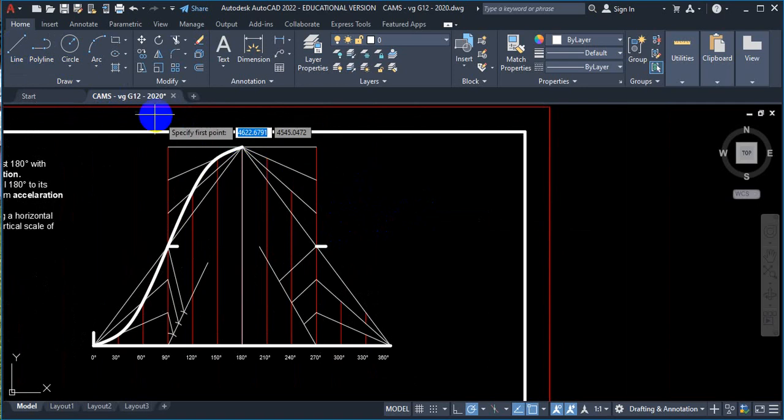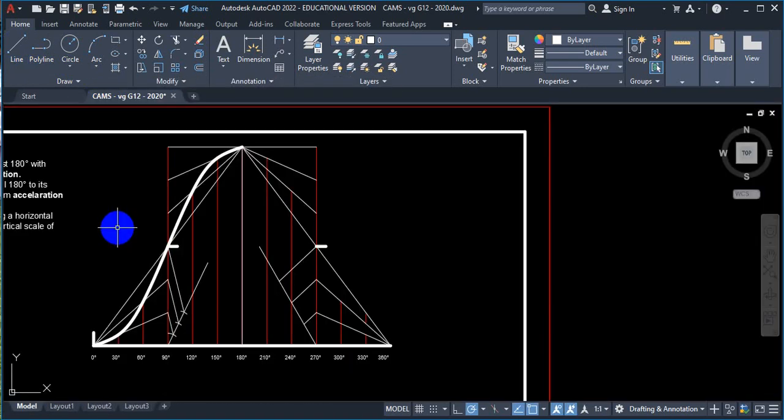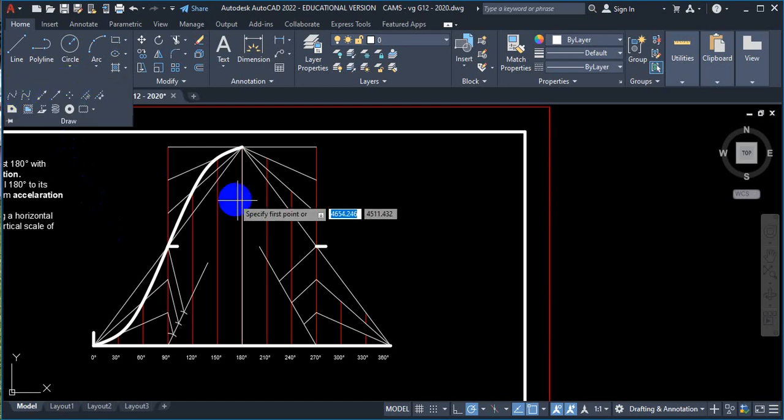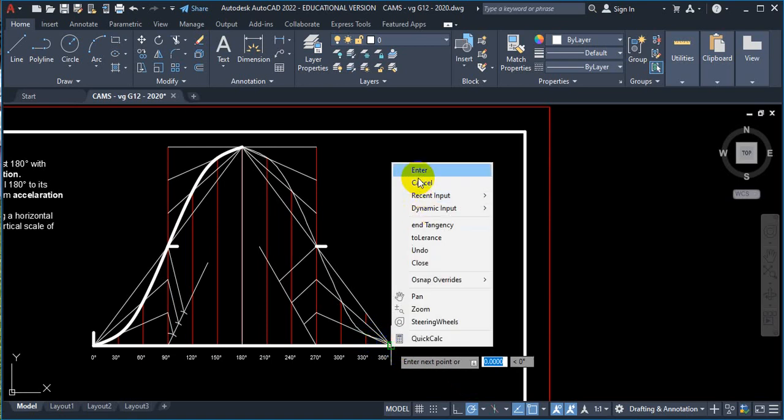Then we start again. We're using our flexi curve or freehand. Join from top. That's the first point, second point, third point, fourth point, fifth point, and right at the bottom, that's number 6.